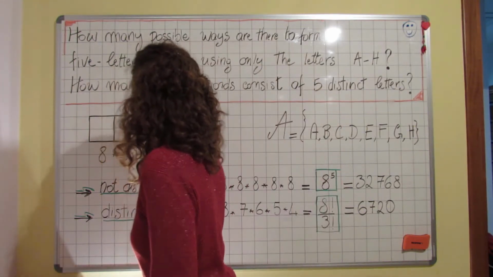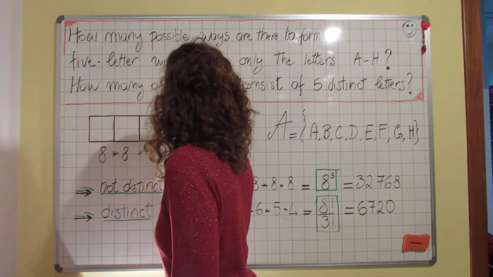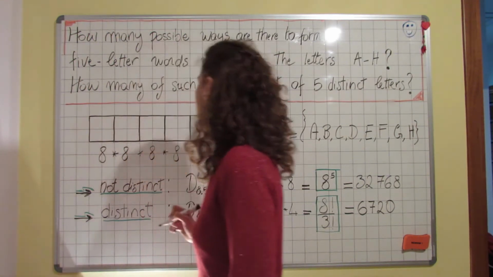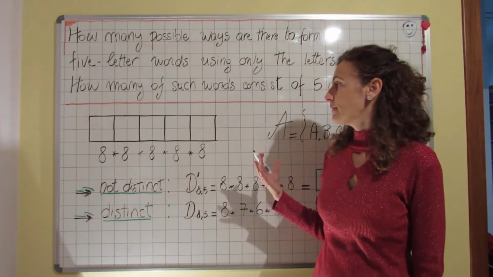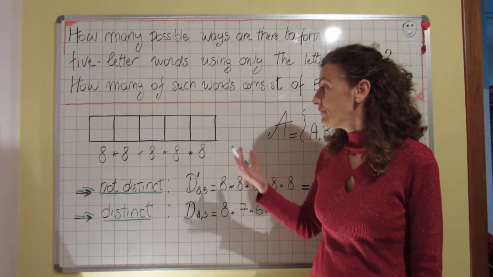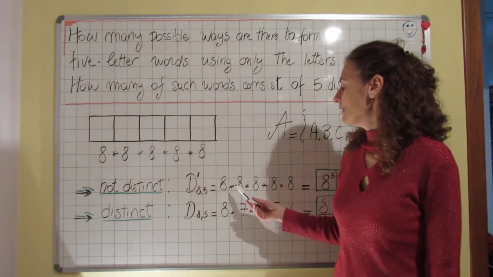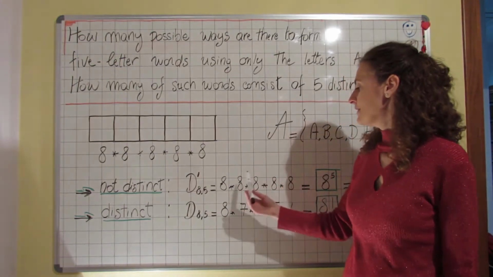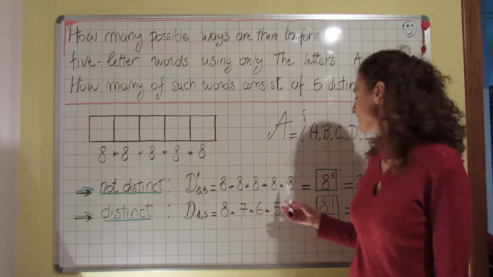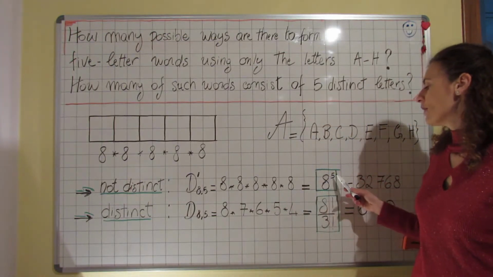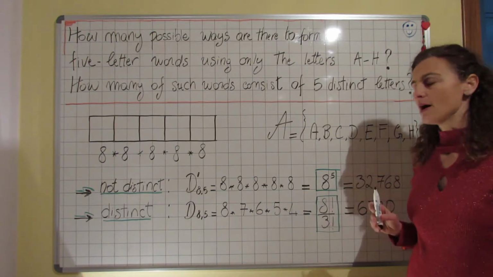We can go on with the same logic, and we find that if we are given the possibility to repeat the letters, our answer is 8 times 8 times 8 times 8 times 8, which is 8 to the power of 5, or 8 to the 5th power.